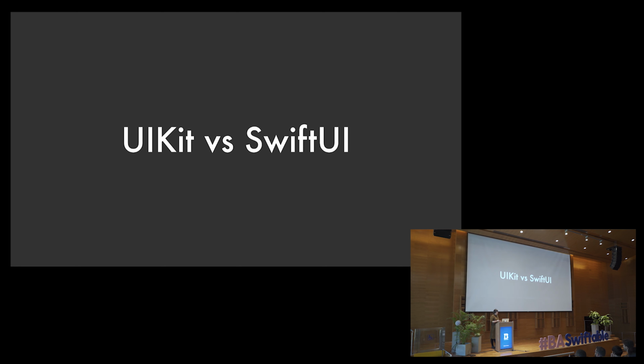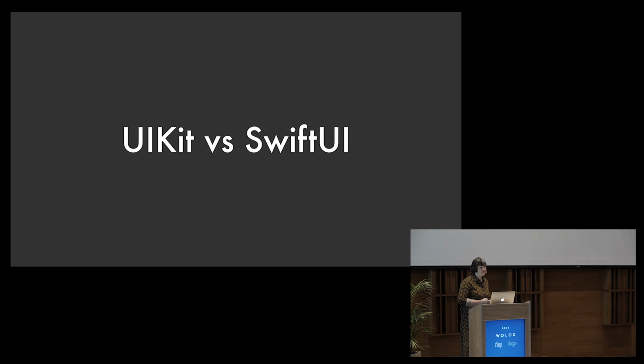So, UIKit and SwiftUI. I haven't spent huge amounts of time playing with SwiftUI and accessibility, but it is a lot better. The way that it automatically handles accessibility for you is better. But the same kind of stuff exists in SwiftUI. So you have labels, traits, values, all that. All the same accessibility information is there, and you can change it.